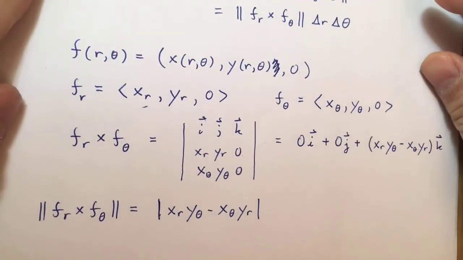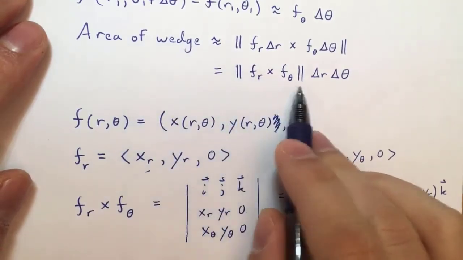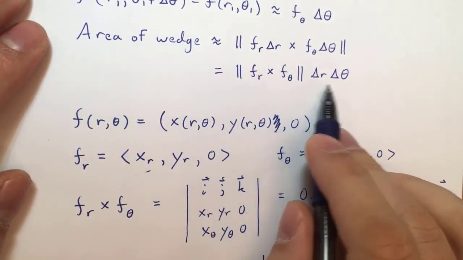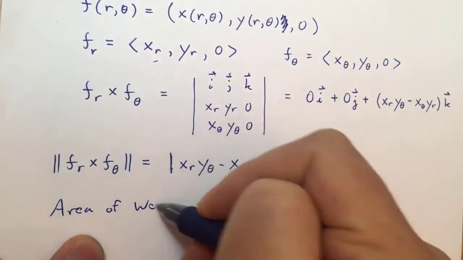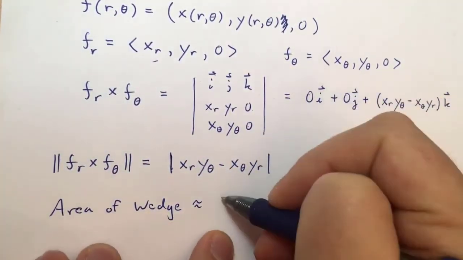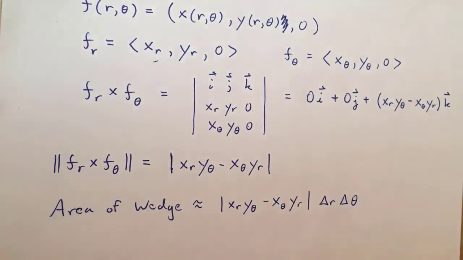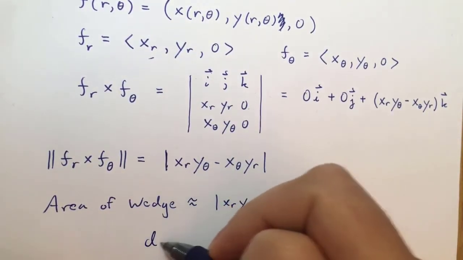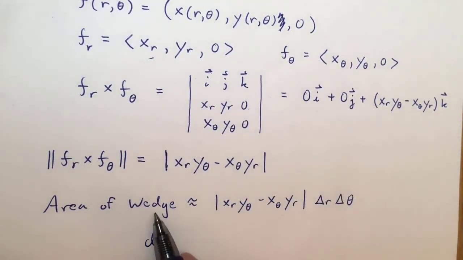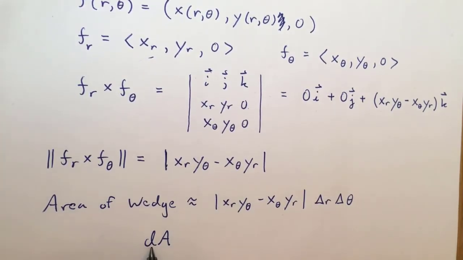Okay? And so, putting this all together, the area of the wedge is that thing multiplied by delta r delta theta. What we say is, when we're converting coordinates, if we want to find dA, the area of a small little piece, and d means infinitesimally small.